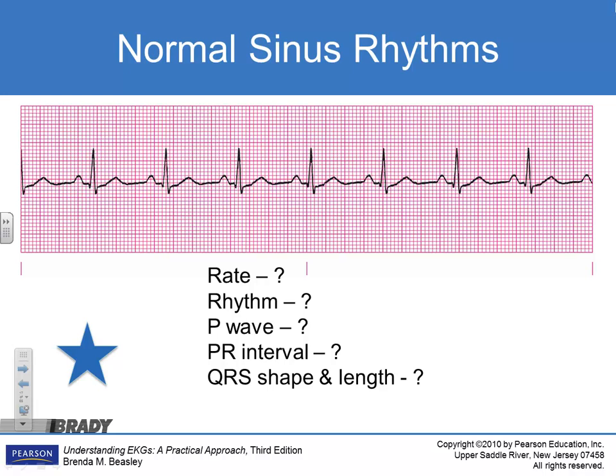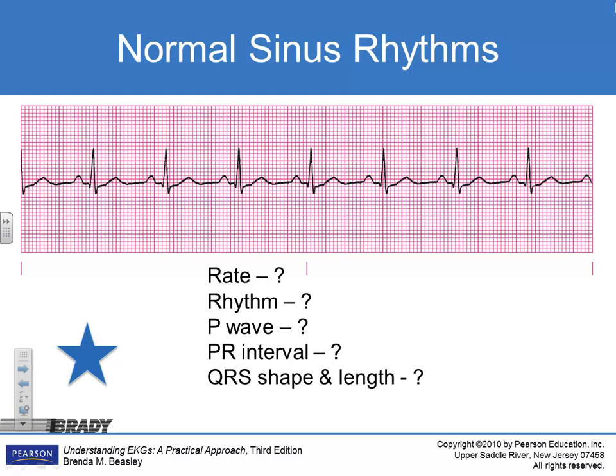You can see the little blocks, so you should be able to get your PR intervals. Got it? What's the rate? Rhythm. Regular.